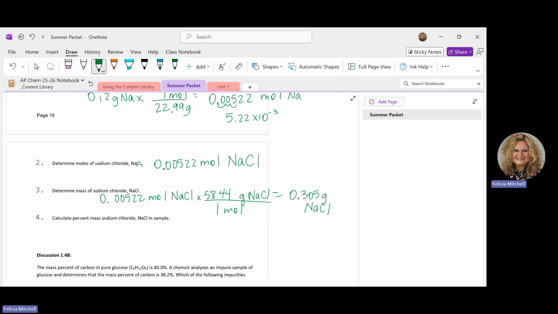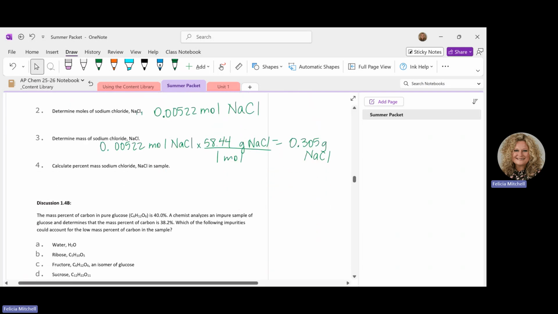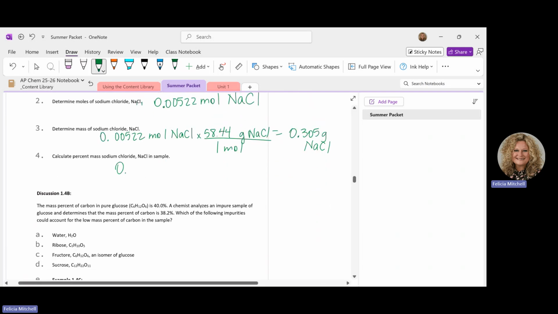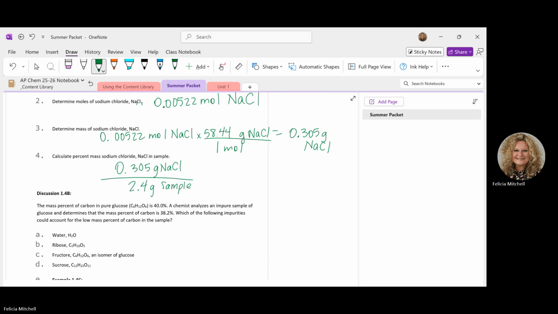By getting the NaCl in moles, I could get to the grams. Now I can do mass percent, which basically says 0.305 grams of NaCl in the total 2.4 gram sample times 100 equals 12.71%. So of that total 2.4 grams, 12% of it was NaCl.